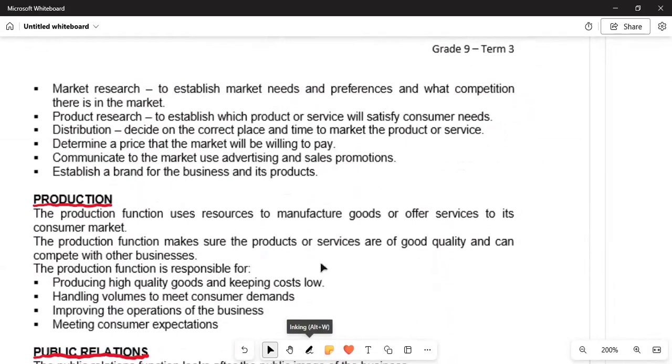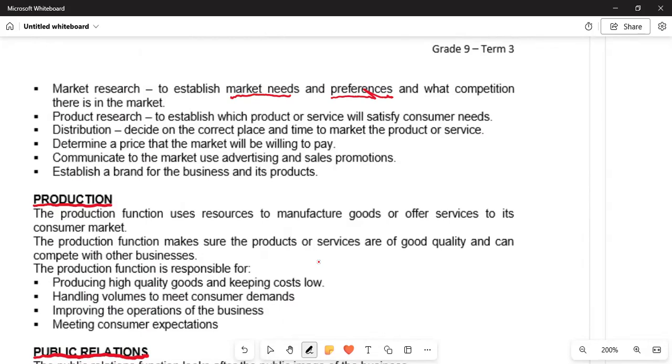So now here is another point where they are talking about market research. In market research, that is to establish market needs and preferences and what competition is there in the market. They establish market needs and preferences, which is very important to know, the taste and preferences of consumers, so that you're going to offer what customers need.